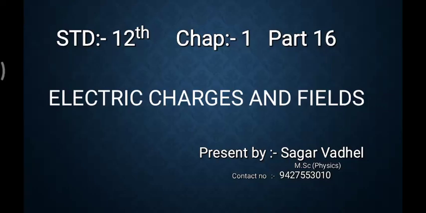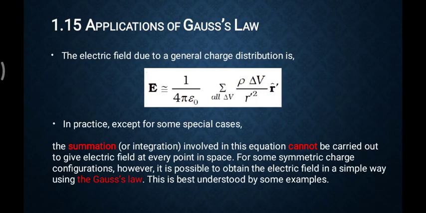Welcome back to part number 16 of our present discussion of chapter number 1. Without wasting time, we are continuing from the 15th part, the applications of Gauss law. In that part I kept a first slide, which I have put here again. Why are we reducing the electric field formula for particular shapes of bodies?